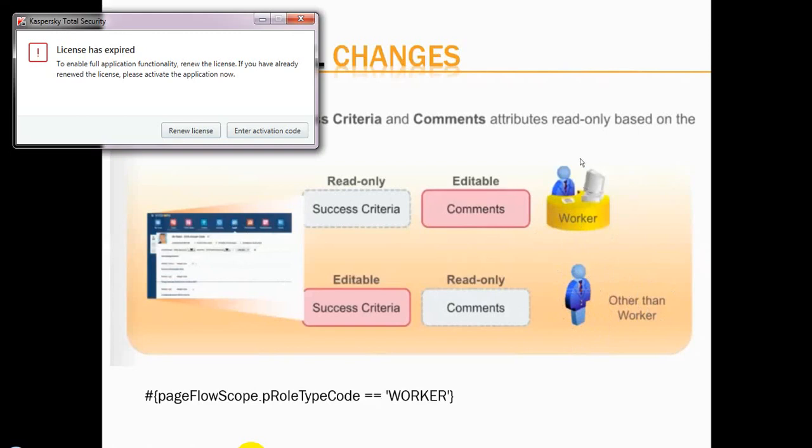What we wanted to do is that the success criteria text box should not be filled by the employee. It should be read only for the employee, but the comments the worker has to fill, the employee has to fill. There are two text boxes. The first text box should be read only for the employee, and the second text box should be editable for the employee.